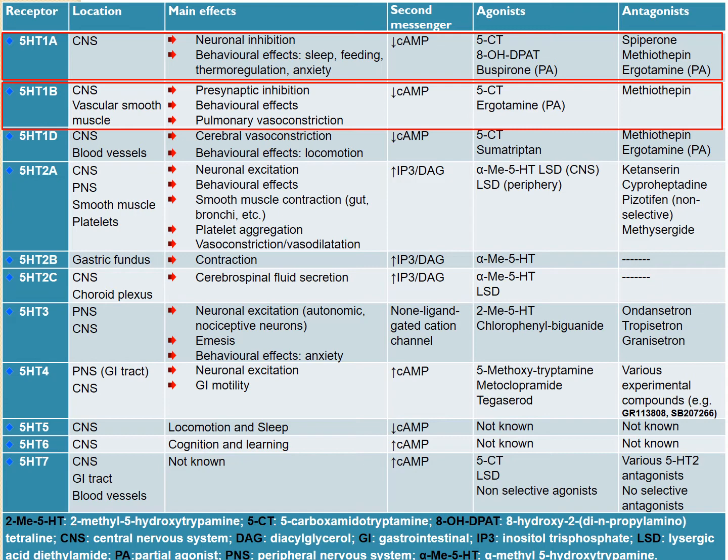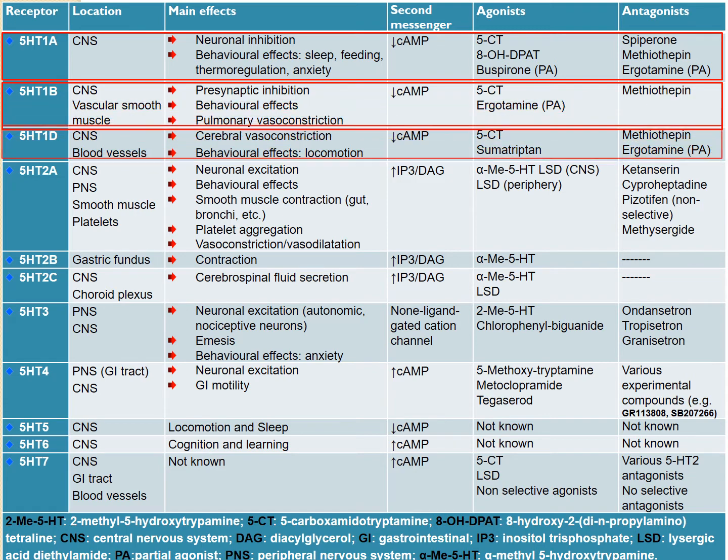It functions through decreasing the intracellular concentration of cAMP. The agonists of the 5-HT1B receptor are 5-CT, that is 5-carboxamidotryptamine, and ergotamine, which is a partial agonist. And the antagonist of this receptor is methiothepin.